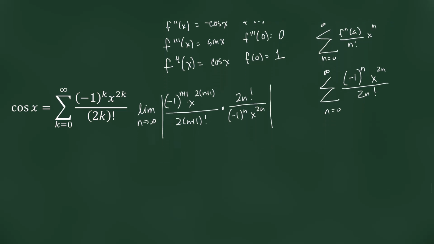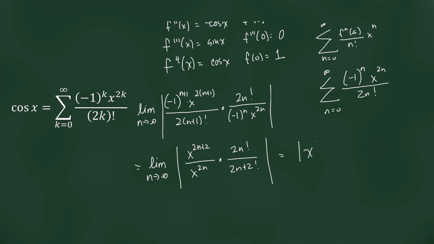And just like we saw before, the negative ones, because of the absolute values, don't matter here. So we end up with the absolute value of x to the 2n plus 2 over x to the 2n times 2n factorial over 2n plus 2 factorial, which is the absolute value of x squared.